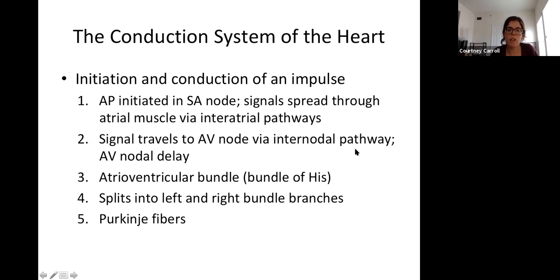I'll show you a picture with all of this soon. And a pause happens. So we're going to spread it to the atria, reach the AV node, pause, and then start to spread it to the cells of our ventricles, first by the atrioventricular bundle, sometimes termed the bundle of His, and it will then be split into our left and right bundle branches, and finally into Purkinje fibers. Let's see what this looks like.